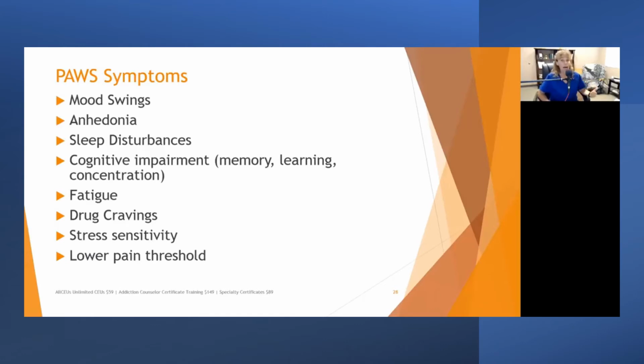Well, this happens during that post-acute withdrawal phase where people may feel like they're just barely hanging on, white knuckling it, as they say, and anything can prompt an extreme reaction. Not necessarily violence, but if somebody leaves the cap off the toothpaste, it may result in screaming instead of just putting the cap back on the toothpaste and having a calm discussion.